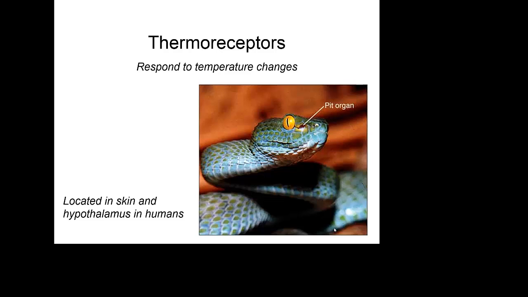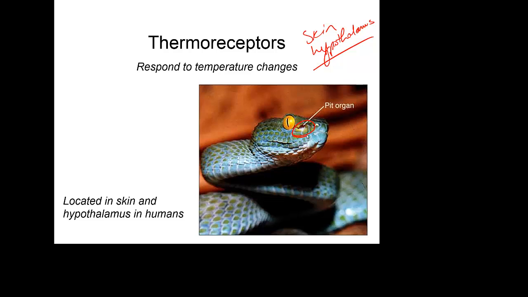Thermoreceptors we look at, as we said, all over your body, your skin, your hypothalamus, okay? But in some animals, like our snake here, he actually has a pit organ that's full of thermoreceptors. Why? Thermoreceptor is actually a specific sense for the snake because he has an organ associated with it.